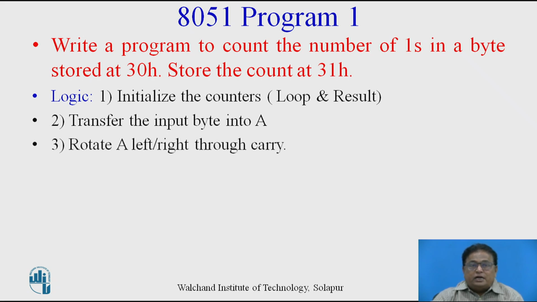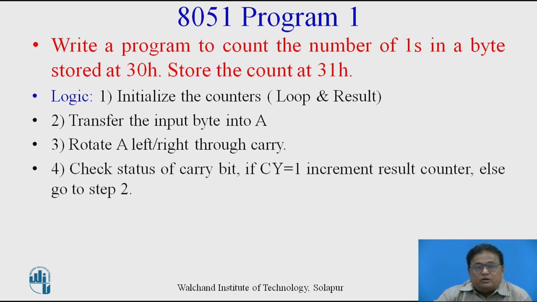Then rotate the content of the accumulator through the carry bit. Here we can rotate either left or right, so we can start with either the MSB or the LSB. After rotating, check the status of the carry bit.